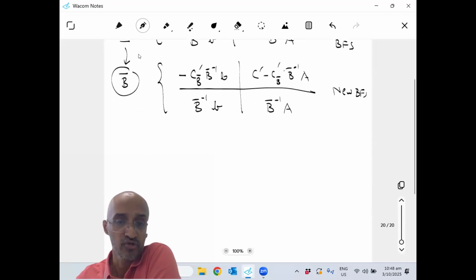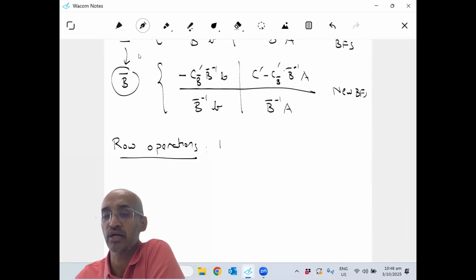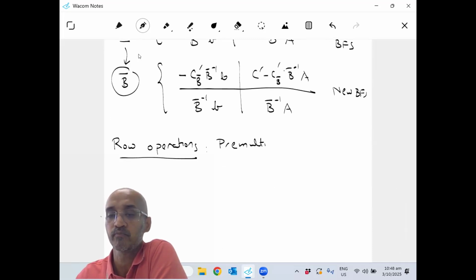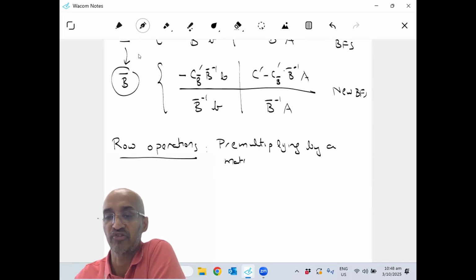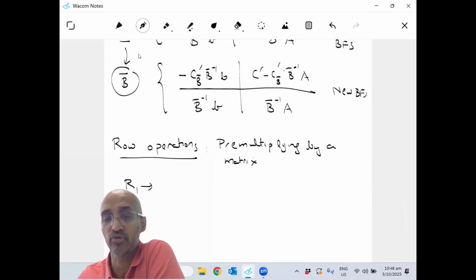Firstly, a quick reminder that row operations are basically nothing but, so what's a row operation? You can think about it like pre-multiplying by a matrix. For example, suppose I'm doing an operation like row one plus, let's say, 4 times row two.